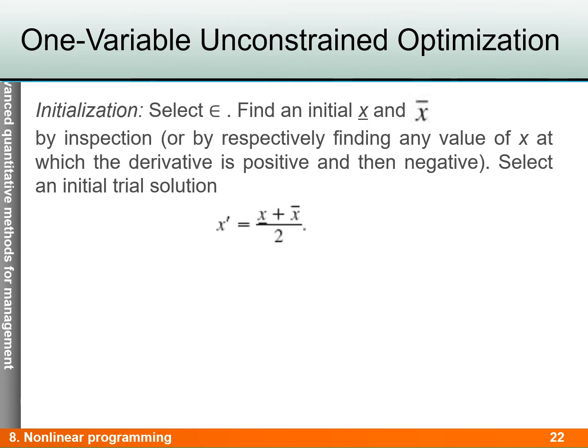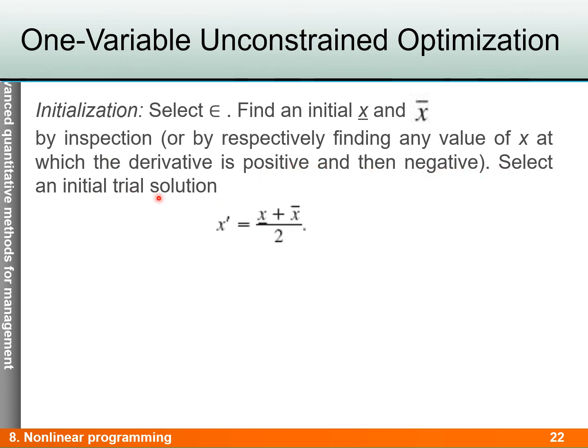So to initialize this problem, as we discussed in the previous slide, we need to select an epsilon, which normally the example gives to us, and find an initial x bar down and x bar up, by inspection, or by respectively finding any value of x at which the derivative is positive and then negative.